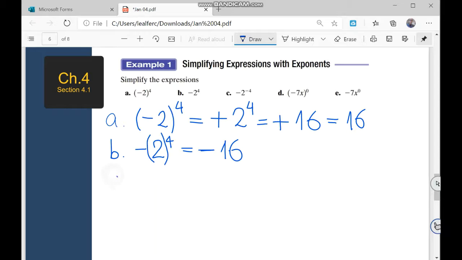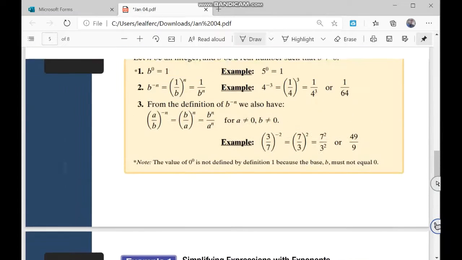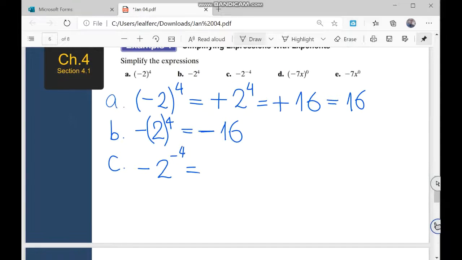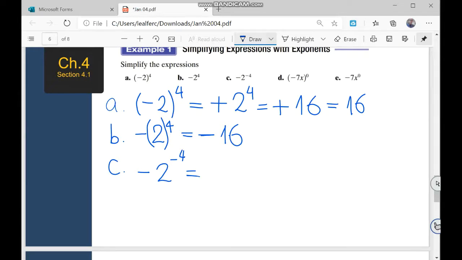Letter C. Now we have a negative exponent. Negative 2, exponent negative 4. Well, it's kind of the same thing. We just need to apply the properties that we have seen before. We will invert, right? The negative sign is not submitted to the exponent, so we keep the negative.